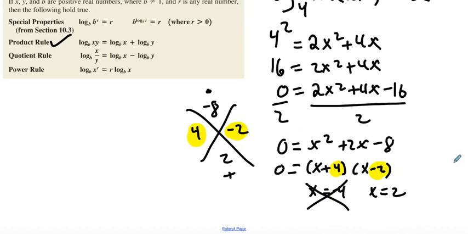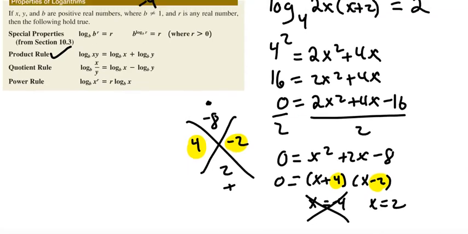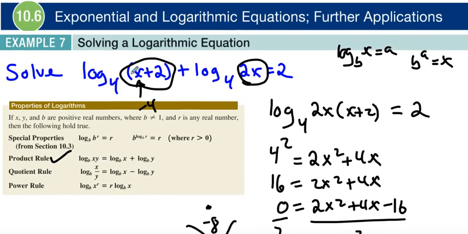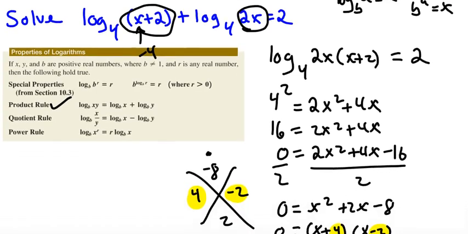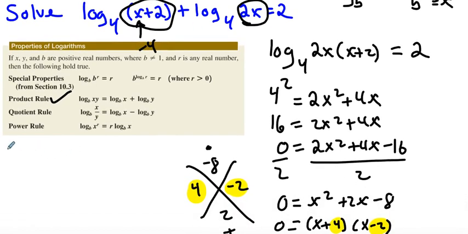Now, the 2 passes that check. If I plug in a 2 right here, you can take the logarithm of those values. But the question is, does it equal 2? That will be our last check, so let's plug in 2 and make sure it equals 2. So log base 4, if I plug in 2 right here, I get 4, plus log base 4, if I plug in a 2 right here, I get 4 again, is equal to 2.